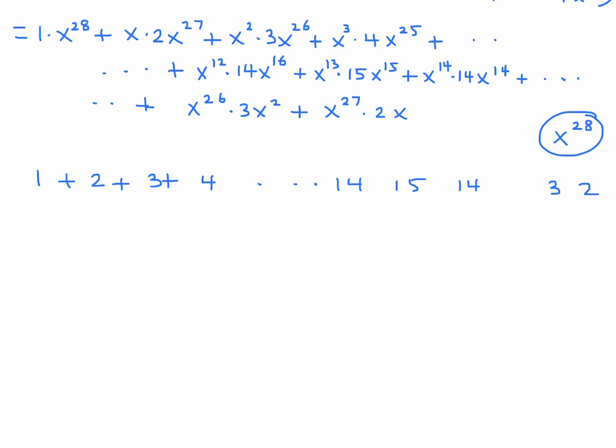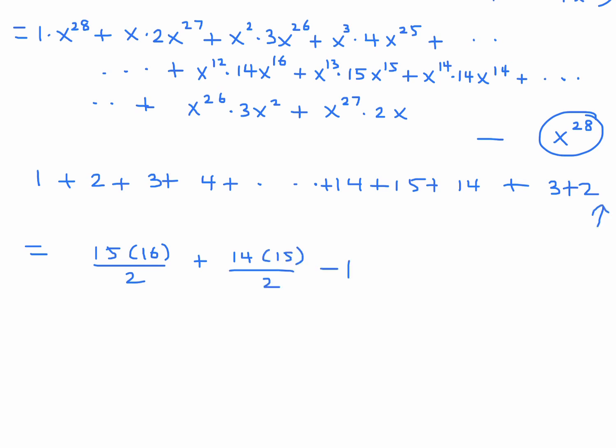So I've got to add up all these guys. That's my total coefficient for x to the power of 28. Okay, it's not a problem. These first guys are basically the sum from 1 to 15. So that's 15 times 16 divided by 2. And then these last are the sum from 1 to 14, but subtract 1. So that's going to be 14 times 15 all over 2, and then subtract 1, because there's no 1 here at the very end.